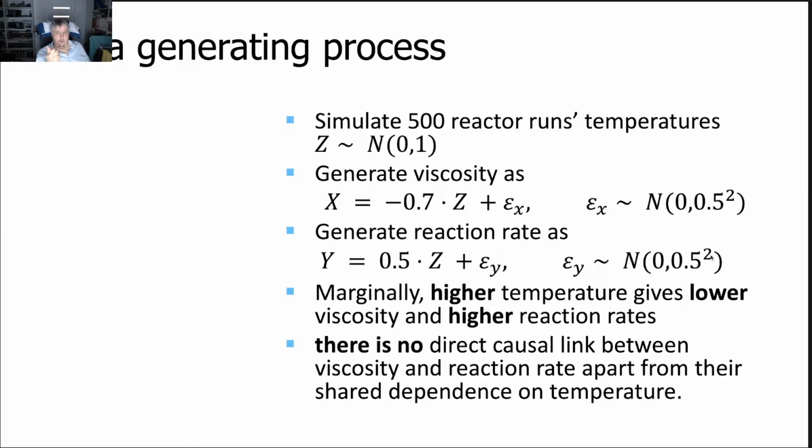So, we get a random sequence of temperatures and we generate viscosity samples as a normally distributed linear relationship. So the viscosity drops with Z, with temperature, and reaction rate rises with temperature. There is no causal link between viscosity and the reaction rate, besides the fact that they both depend on temperature.